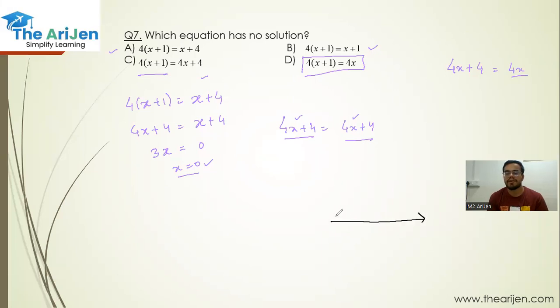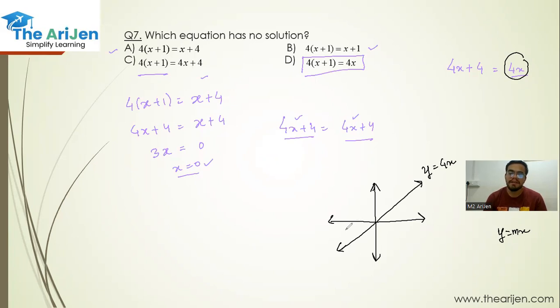So if these are my coordinate axes, a line which is passing through the origin is of the form y equals mx. So y equals 4x would be passing through it, right? Similarly, a line that would be parallel is y equals 4x plus 4. This point would be your 0, 4. It is passing through it. So there is no solution. I hope it is clear. Right? So option D is the answer.